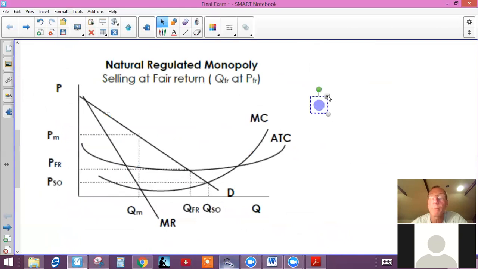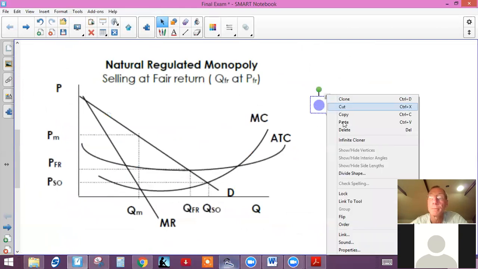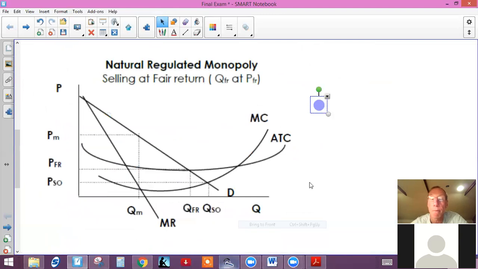Whoa. In a natural regulated monopoly, it would be this point right here. And so that is where average total cost equals a price, okay? And that would be productively efficient.